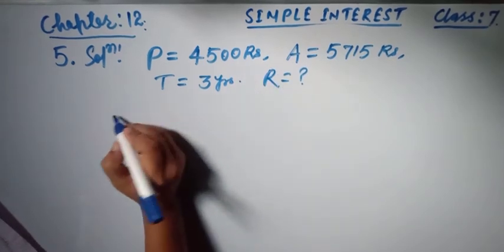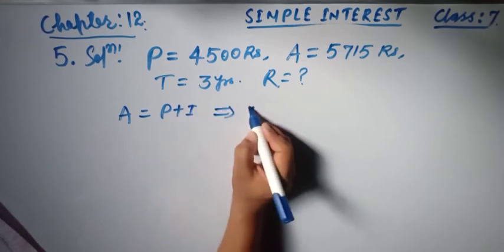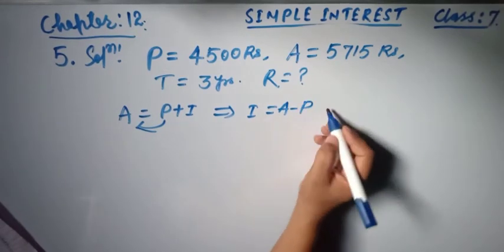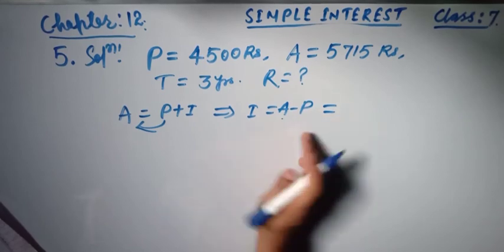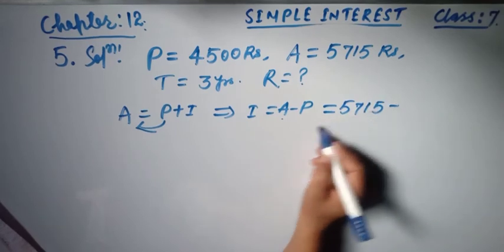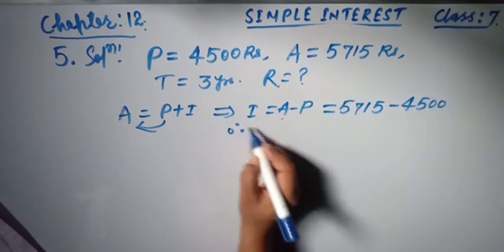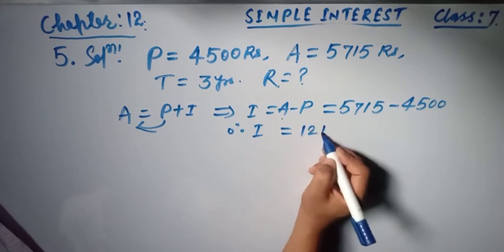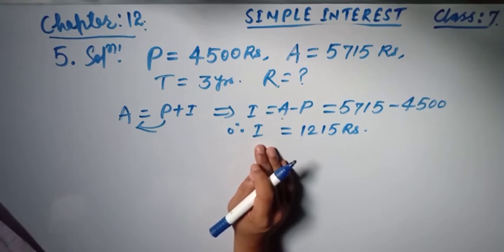So you know A is equal to P plus I, so this implies I is equal to A minus P. Okay, so A is 5715 and minus P is 4500. So after calculating here, this is 1215 rupees. So this is SI, means interest, friends. Okay, now we have to find the R.